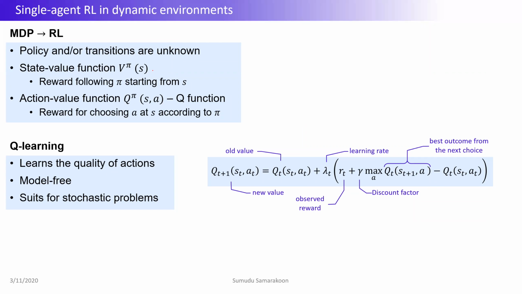Two important additional things that we need to know in this RL environment begin with the state value function. The state value function defines the reward that the agent receives following this policy phi when the agent started from state S.